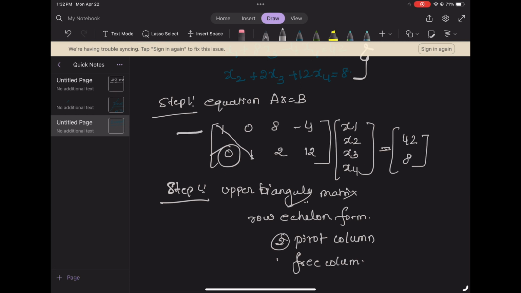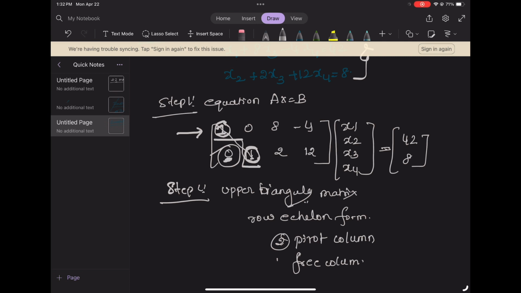Consider the first row, first element, which is a non-zero element, which is 1, and below that element the numbers should be equal to 0. That case is already confirmed here. Now let us go to the second row, second element, which is almost forming a staircase. There is no element below it, and it is also a non-zero element.